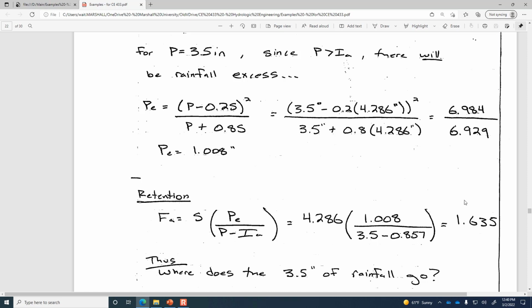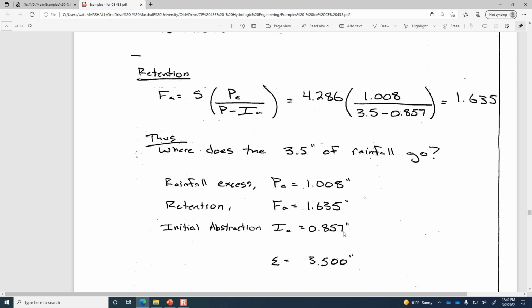So 1.63 inches is going to go into the soil. The rest of it, if we calculate the initial abstraction as 20% of the storage depth, about 0.8 of an inch, goes there. So it all adds up to the 3.5 inches of rain that we know occurs. So there is a mass balance, in equals out here, and this tells us the distribution of where it's all going.